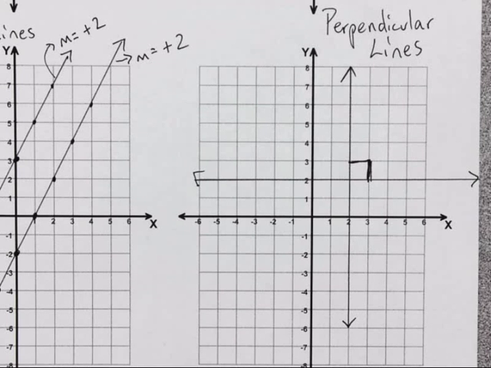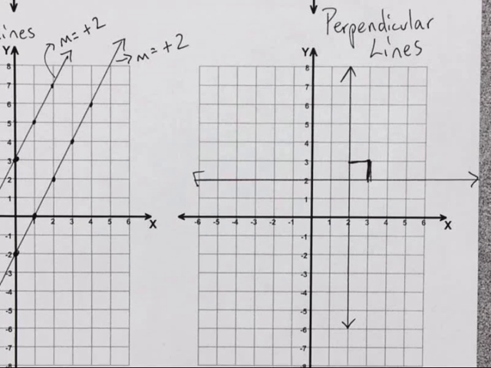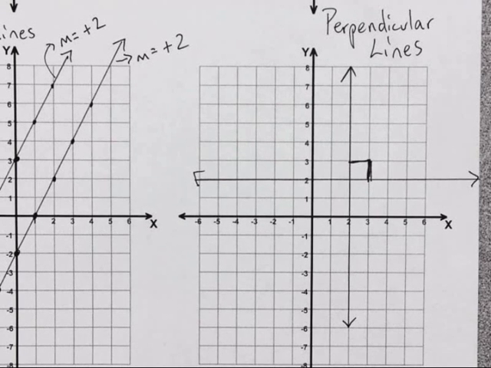Okay, so one of the defining characteristics of perpendicular lines is that their slopes are negative reciprocals, or I'm sorry, not negative, opposite reciprocals of each other. So let's just take a moment to get an idea of what an opposite reciprocal is.